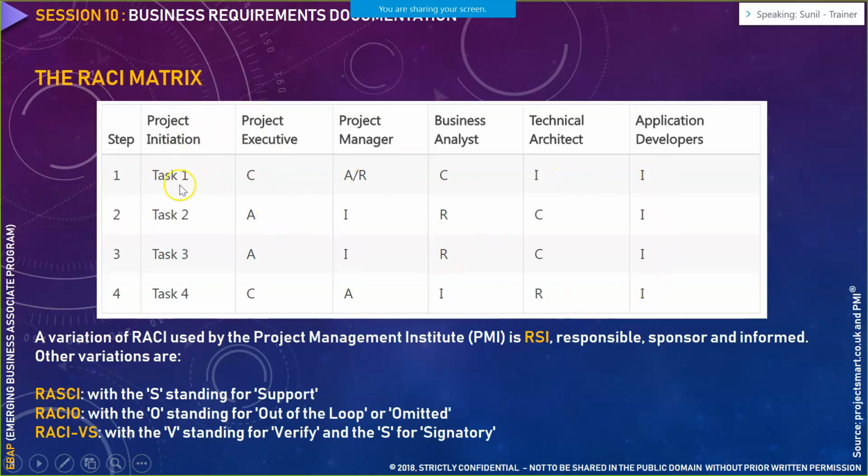For example, say a task 1: project executive is consulted, project manager is accountable or responsible, business analyst is consulted, technical architect is informed, application developer is informed. Now task 2, again the project executive is accountable. So for every task, the respective stakeholders would have a specific role to play, like consulted, accountable, responsible, informed, and so on. Now there is something.